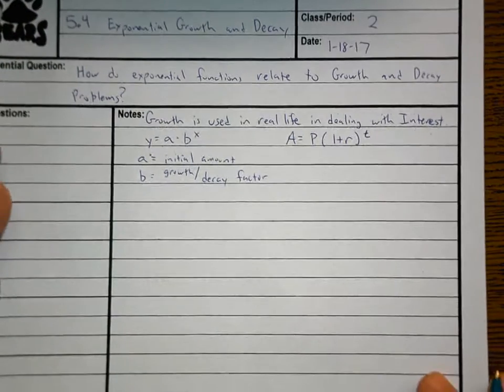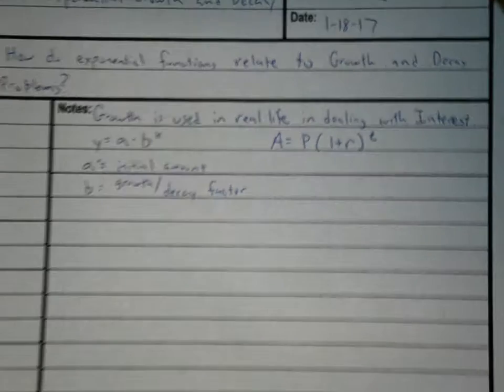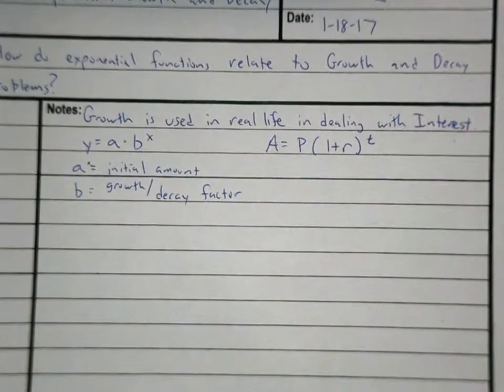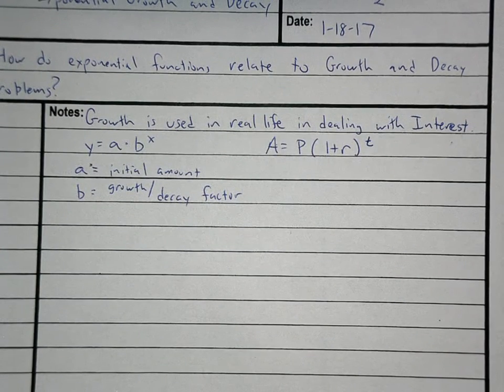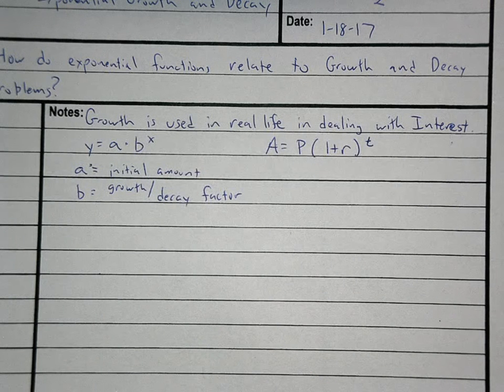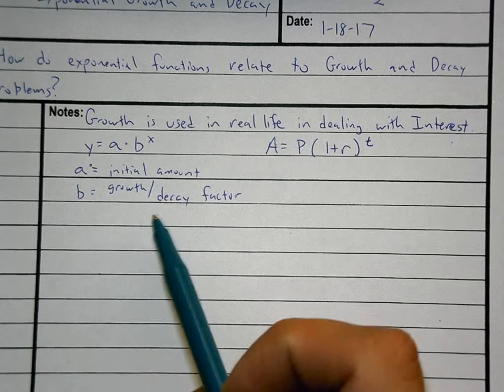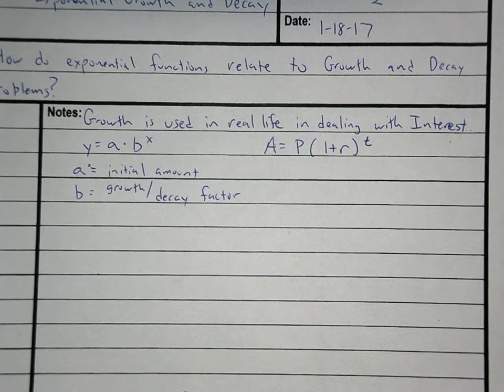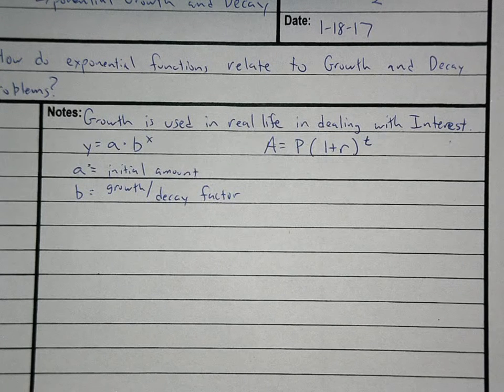Maybe move that up a little bit and zoom in just a little bit so you could see that little section a little better. A is your initial amount. What are you starting with? B is your growth or decay factor.